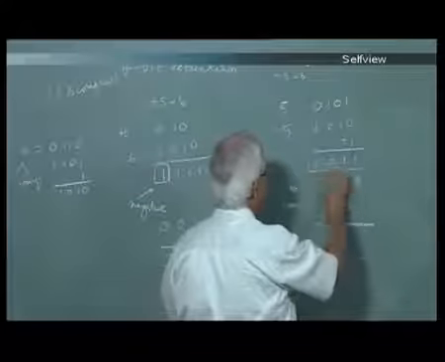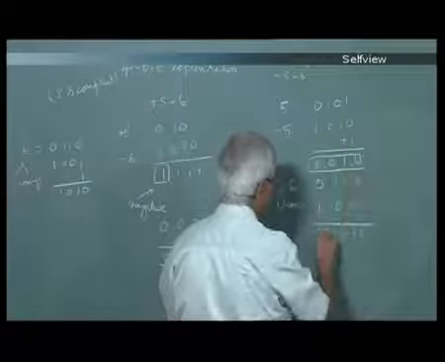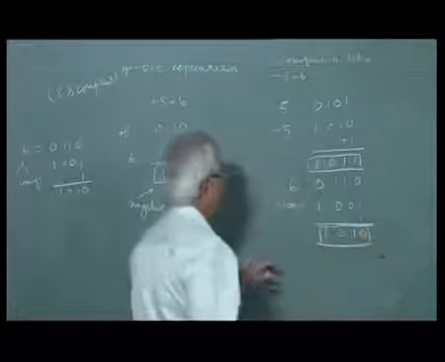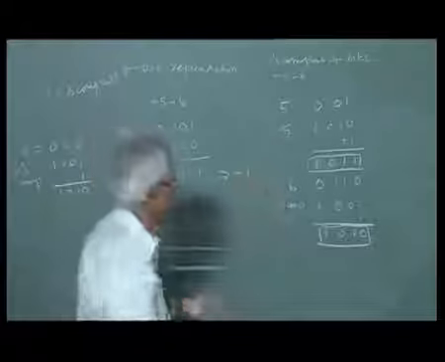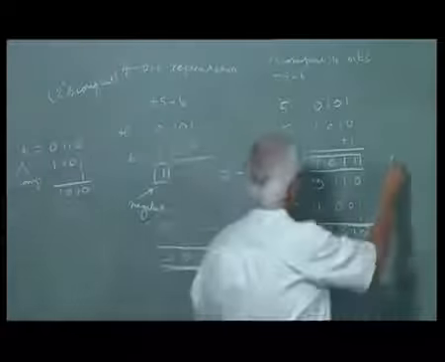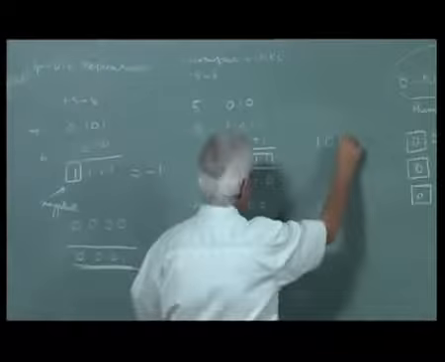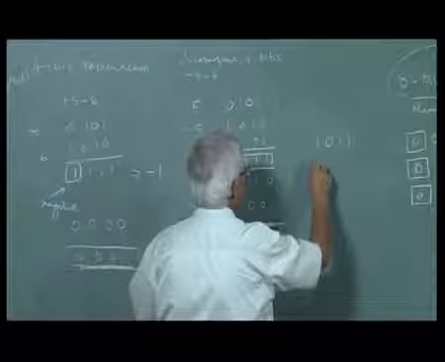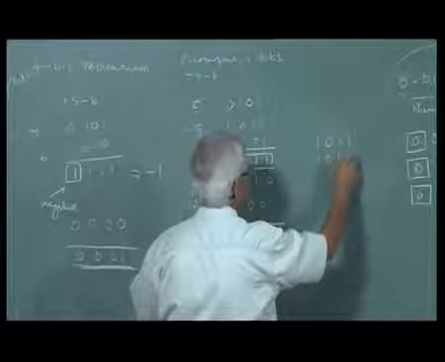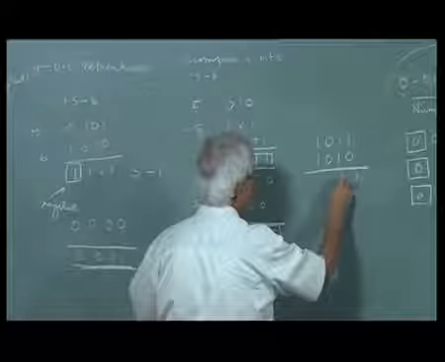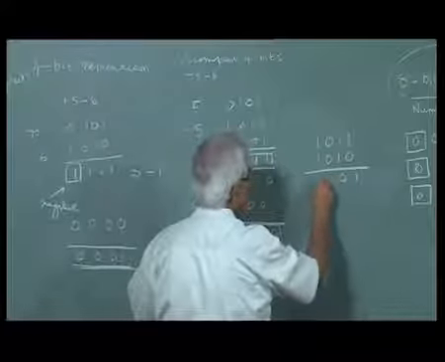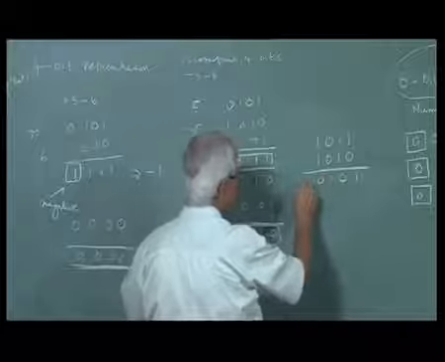So this is now minus 5, and this is now minus 6. I want to add them. Minus or plus or minus is the same in arithmetic here. So it is going to be 1, 0, 1, 1, and 1, 0, 1, 0. Add them, and you get 1, 0, 1, 0, 1.